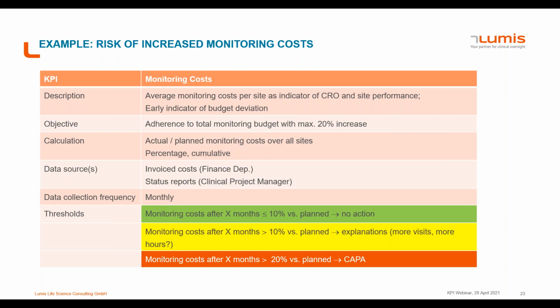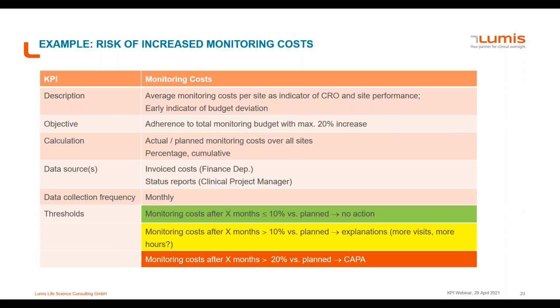But if, let's say, after half of the trial or right in the beginning, the planned budget exceeds 10%, 110% in this case, then there needs to be an explanation. And this budget increase may likely be related to more visits or more hours, and this again helps us to understand whether or not there are problems at the site or with the monitoring itself.